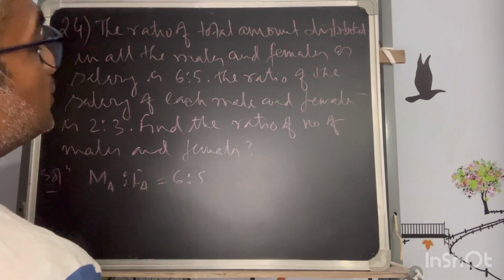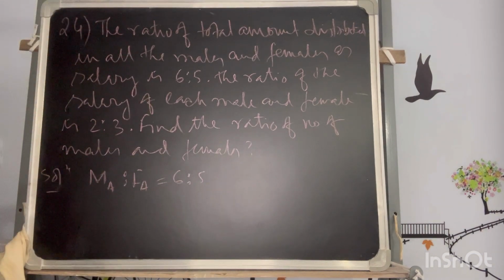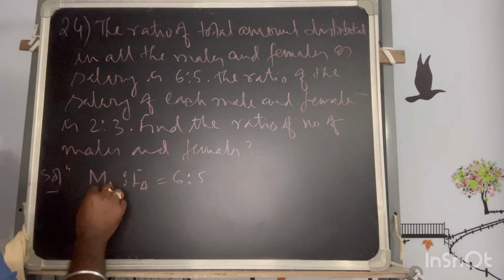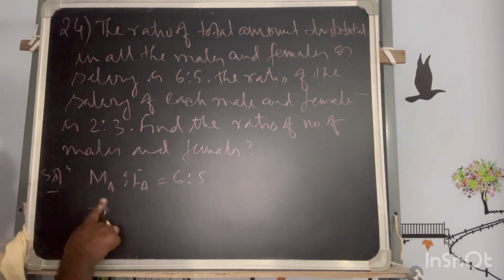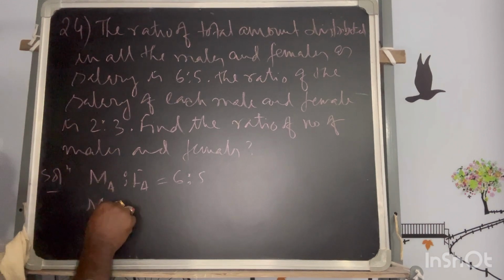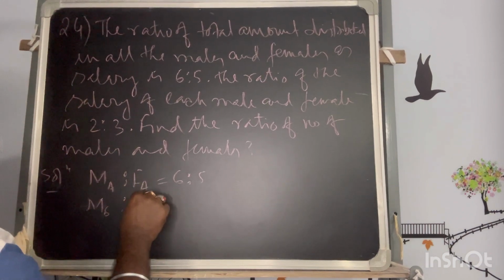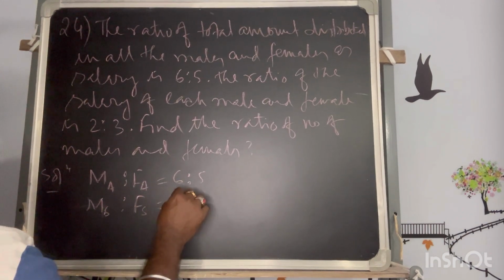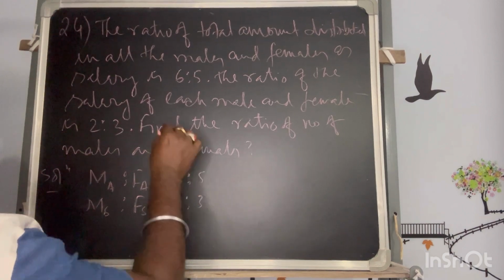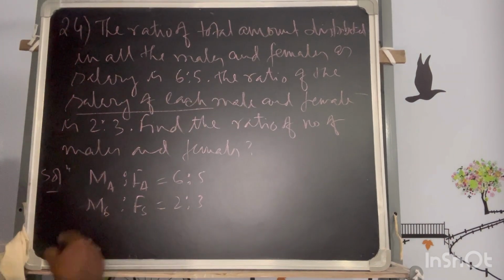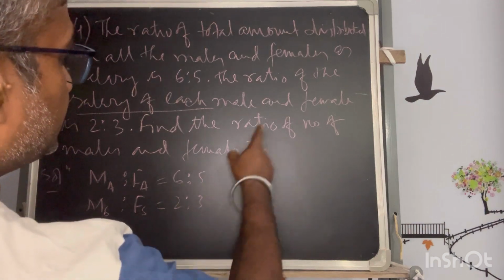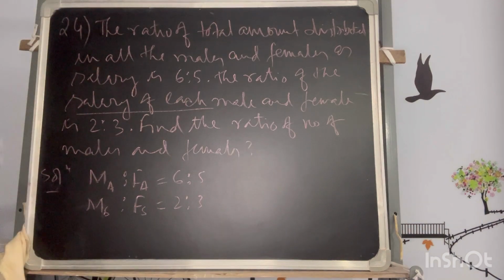Find the ratio of the salary for each male and female: the salary of each male and female individually is 2:3. This is the cumulative, this is the individual. Then find the ratio of the number of males. Then what can you do?